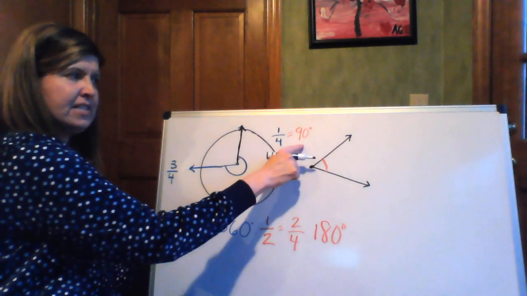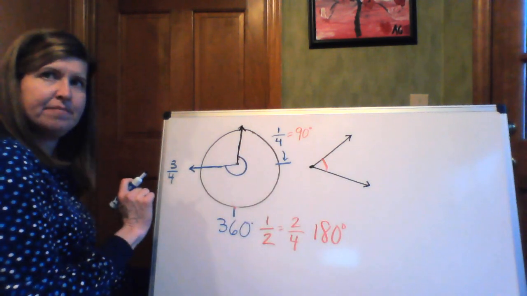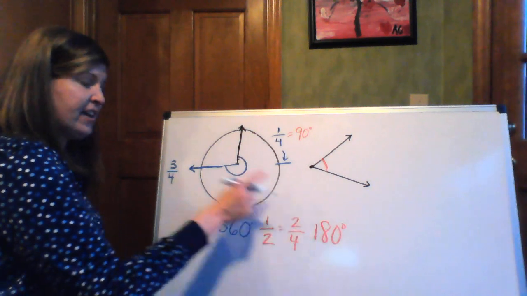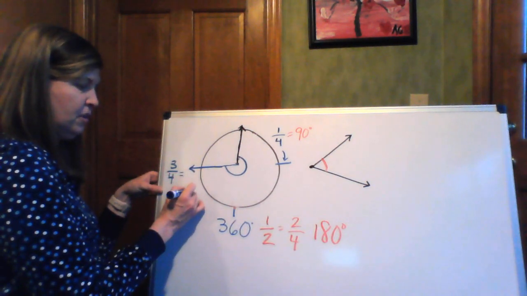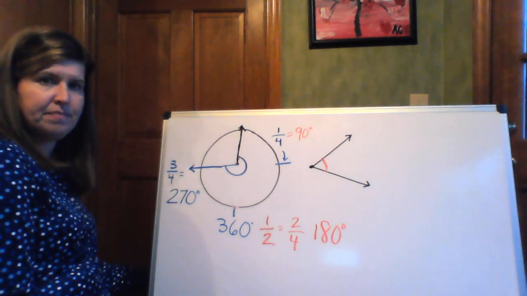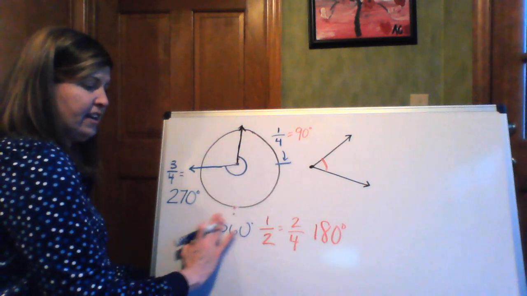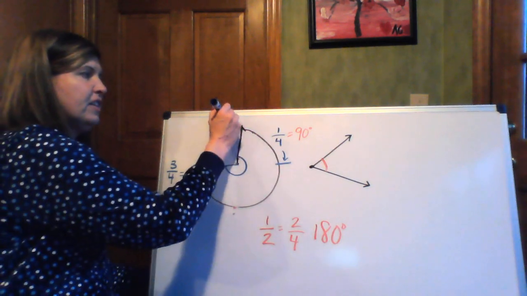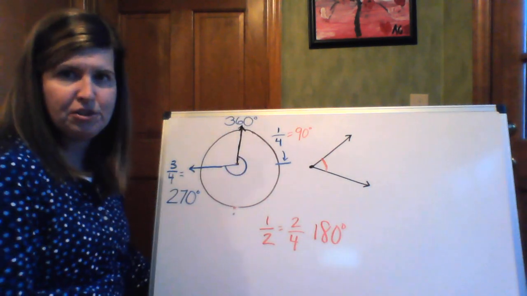Well, a quarter of it was 90. Half of it was 180. So if I add another 90 to this, 3/4 of a turn would be 270 degrees. And just like we talked about at the beginning, the whole circle is going to be 360 degrees.